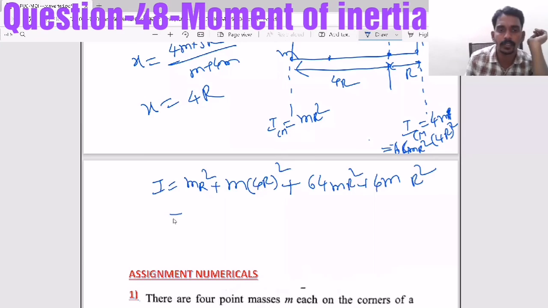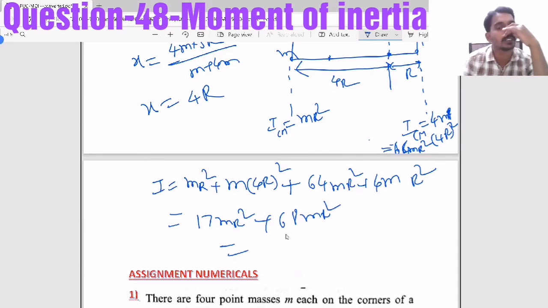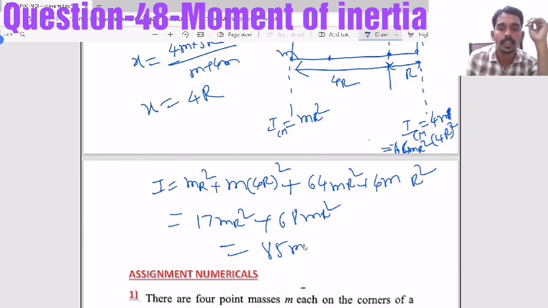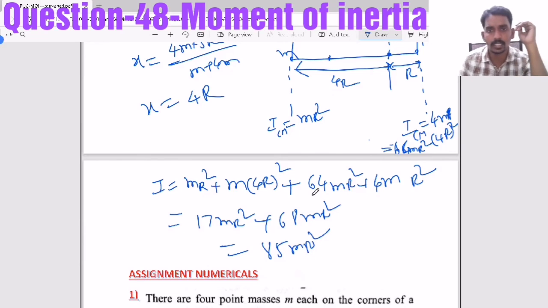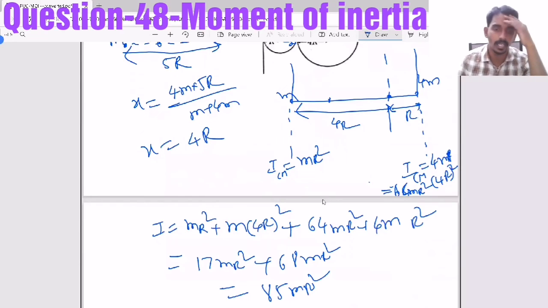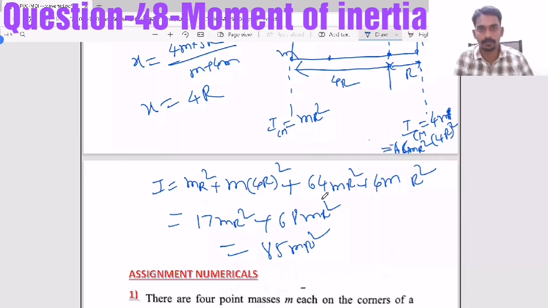Now if you calculate everything together, this is 16, so this becomes 17 mr square, plus this is 68 mr square. So altogether 85 mr square. This is the moment of inertia of the complete system.